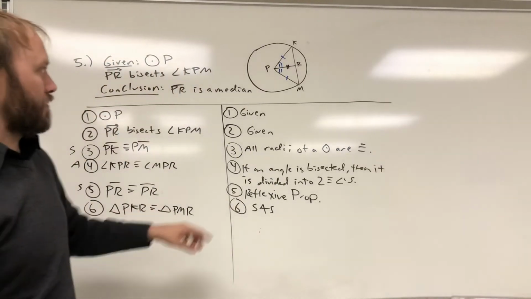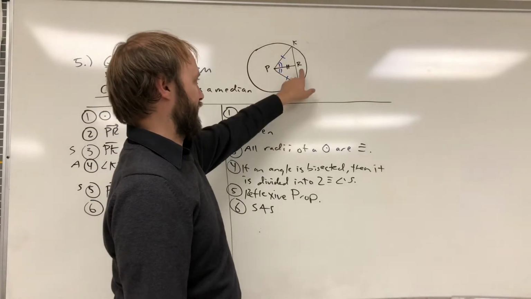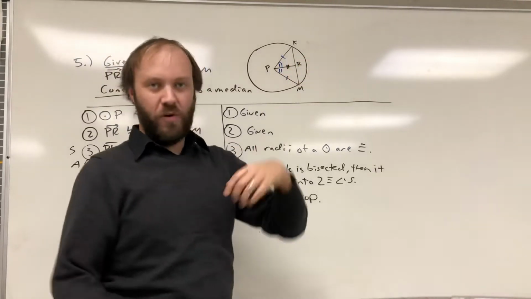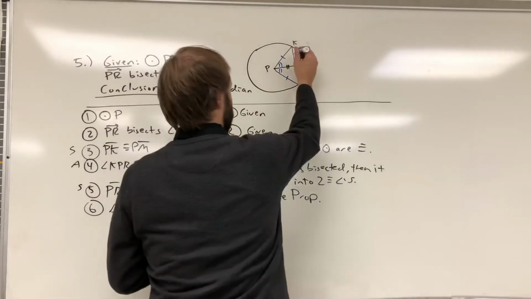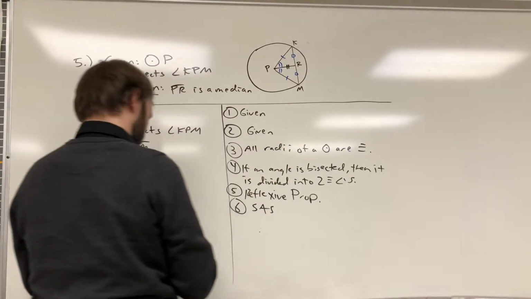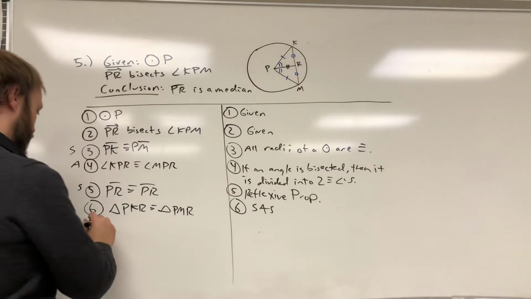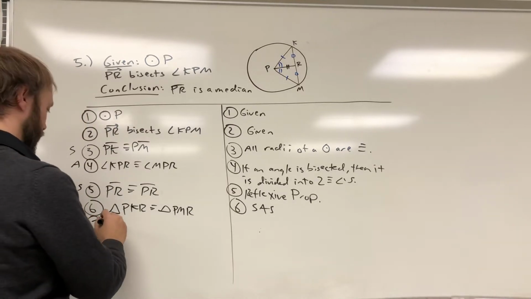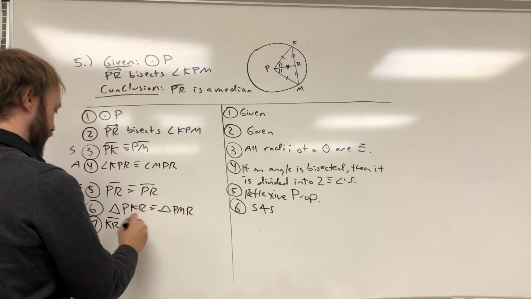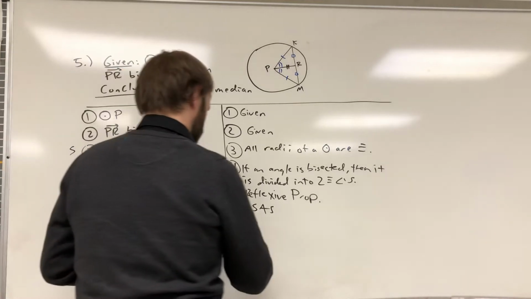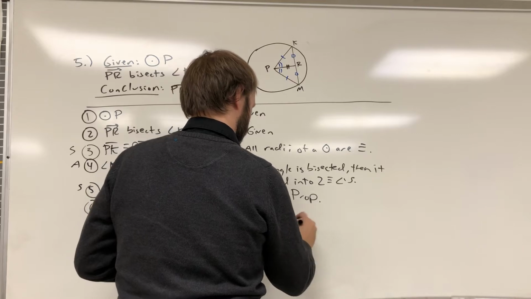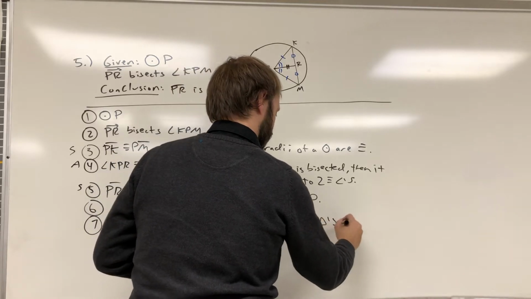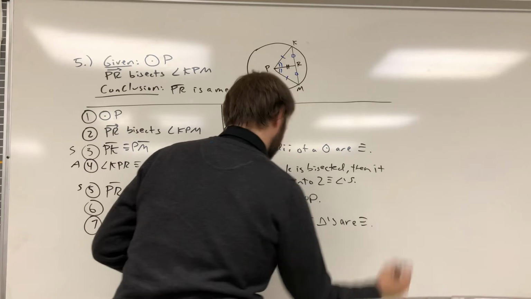Now that these are congruent, remember we're trying to show that PR is a median. So we've got to get these two segments congruent because the median goes to the midpoint of the opposite side. So I can say that KR has the same length as RM, or mark those some way. That's because they're corresponding parts of congruent triangles. So KR is congruent to RM, and that's because corresponding parts of congruent triangles are congruent, all right?